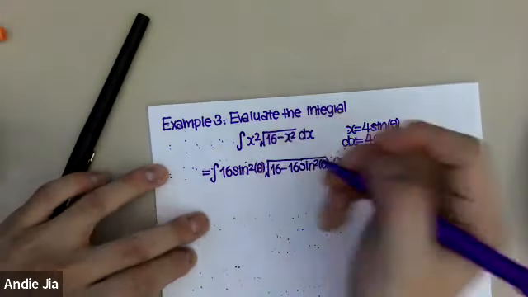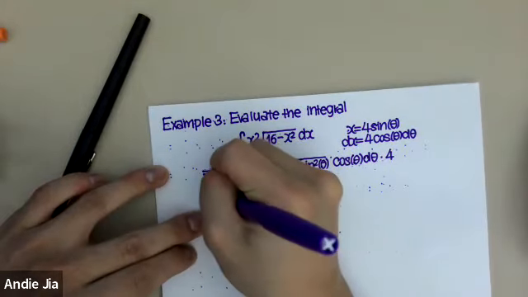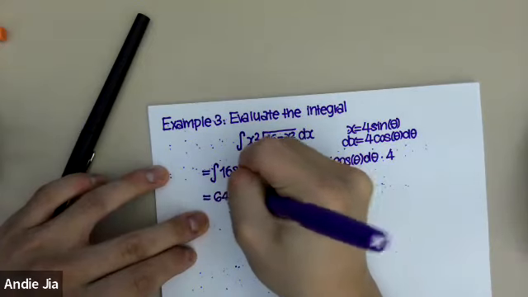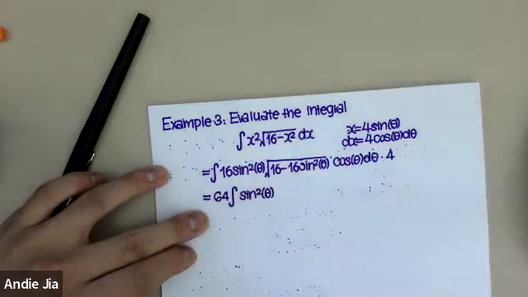So we just pull the constant out of here. Sine squared of theta.